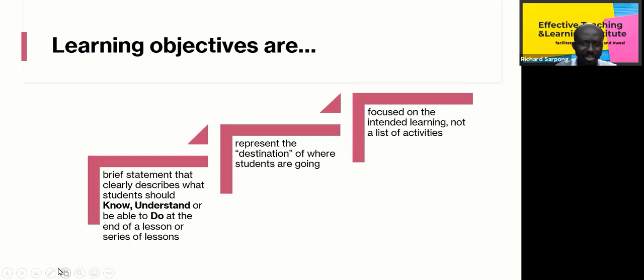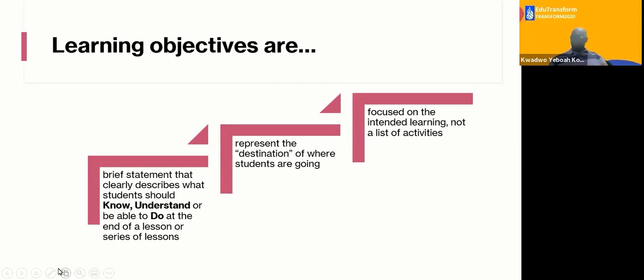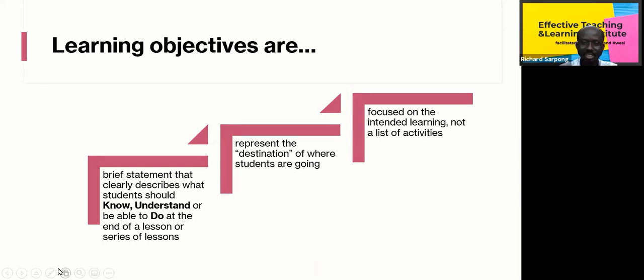So that is what a learning objective really is about, the statement of what students are supposed to learn in a lesson, which is expressed in knowledge, the things they need to understand and do. So it represents the end point of where the students are going.